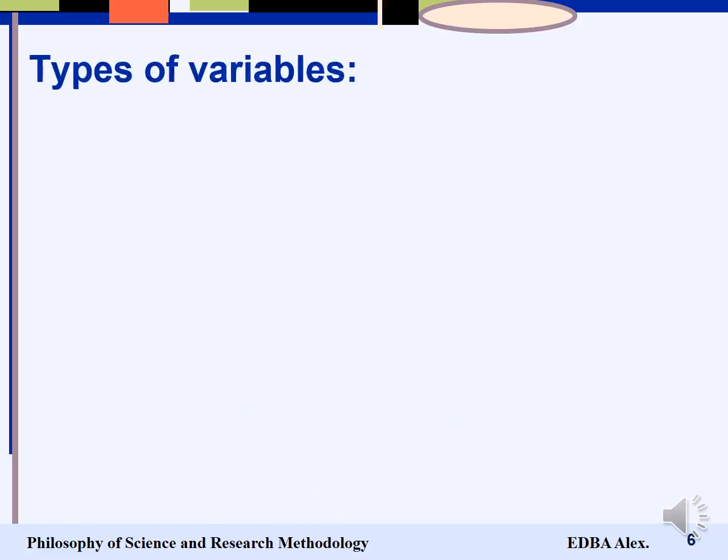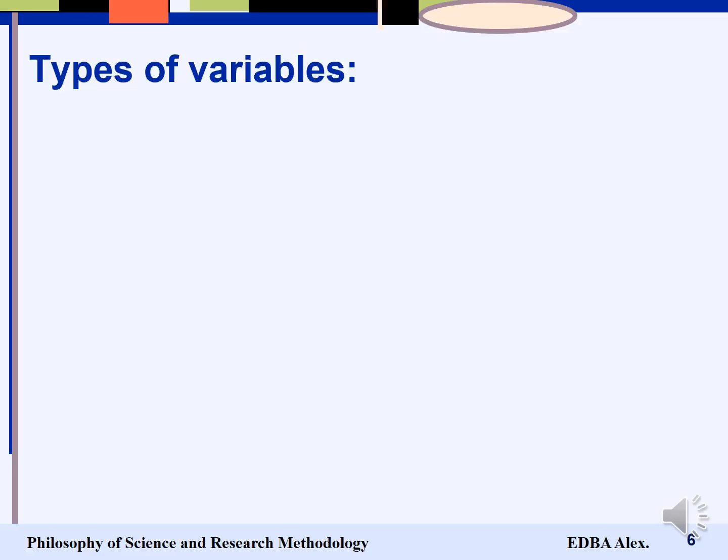Now we'll talk about a new issue, which is the types of variables. In the first lecture, we talked about the two main variables, the independent and dependent variable, the cause and effect. In reality, there is no simple linear relationship between the independent and the dependent variable.